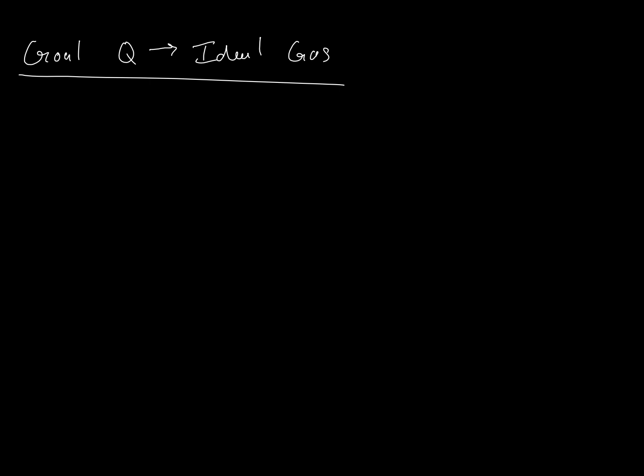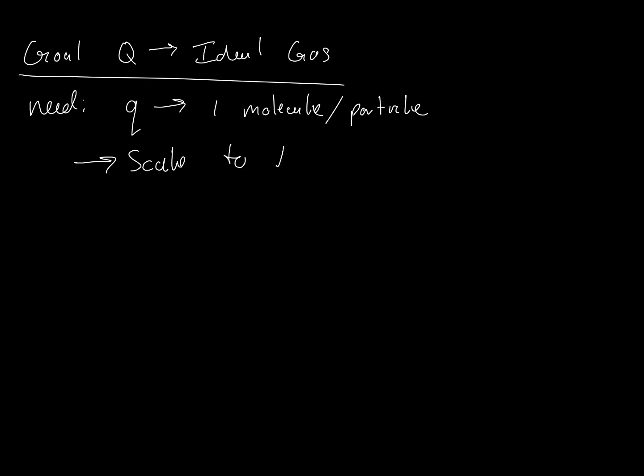But we have to get there not from some observation of actually heating up a monatomic ideal gas, but from the fundamentals of how we think that these molecules should behave. So what we need is a partition function for one molecule, in this case, or particle, and then we need to scale it to N particles.